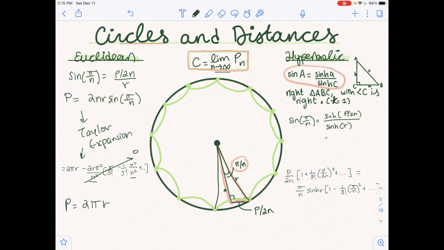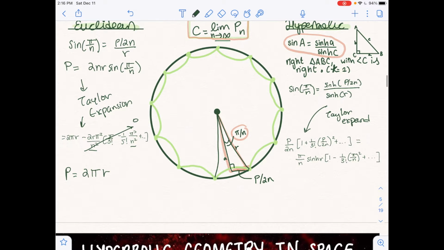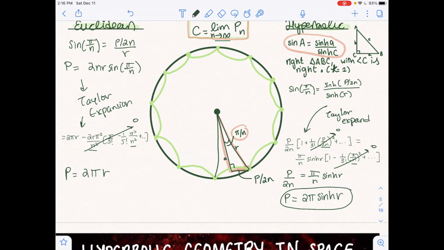Now we can rearrange this equation again to solve for sinh of p over 2n, and we end up with the following once we Taylor expand our sine term. And again, you can notice how all the terms with n will go to 0. And so we're left with p over 2n equal to pi over n sinh r. Now, if we multiply both sides by 2n, we get p equal to 2 pi sinh r, which is our new circumference of a circle in the hyperbolic plane.